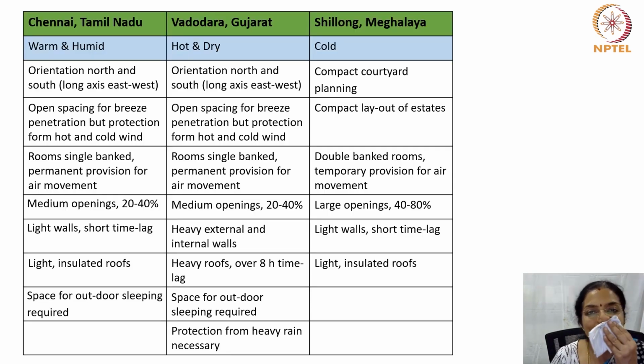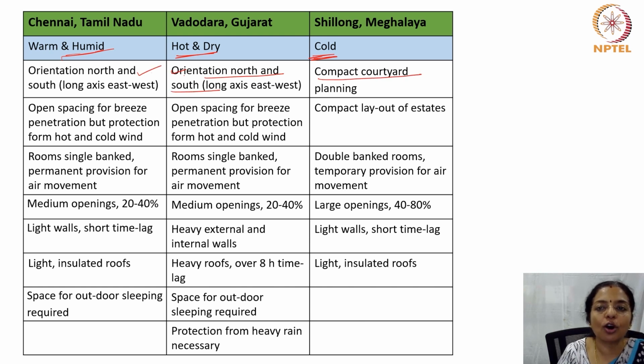Now, if you see the comparison, we see Chennai is warm and humid, Vadodara is hot and dry, and Shillong, Meghalaya is cold. Now, for warm, humid and hot, dry, it says orientation should be along north and south. Whereas for Shillong, it says compact courtyard planning.